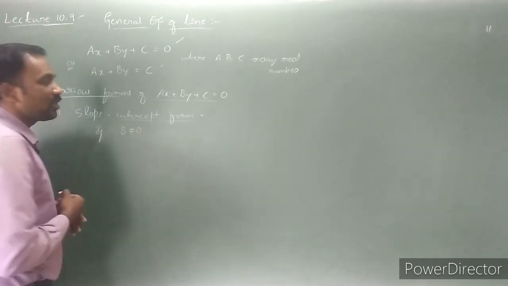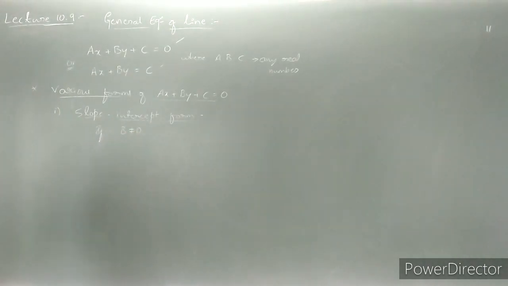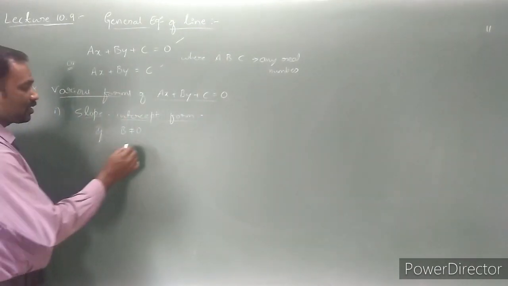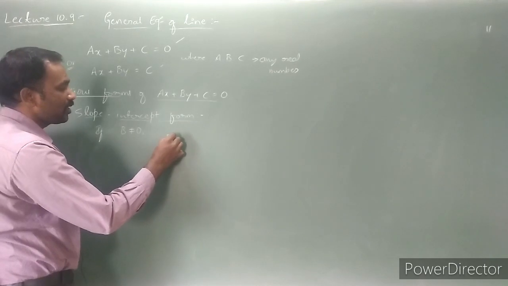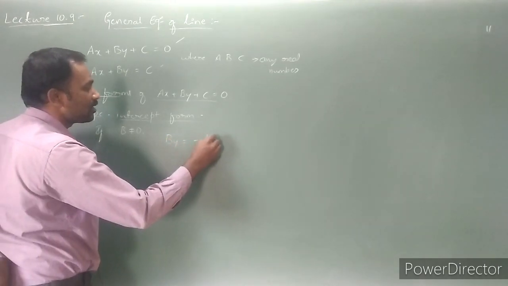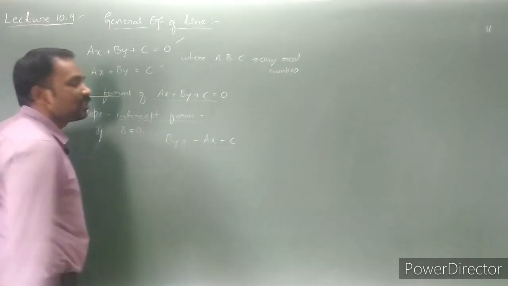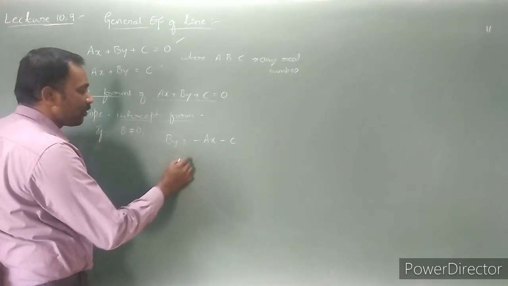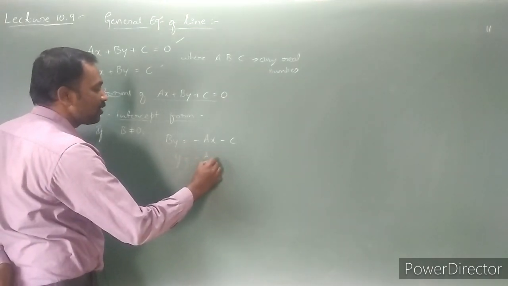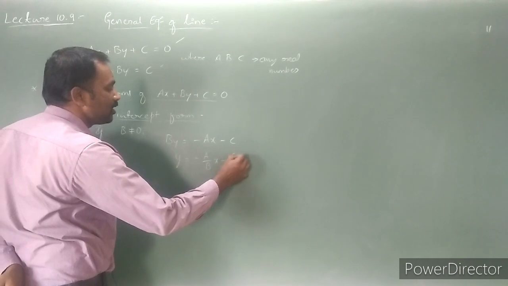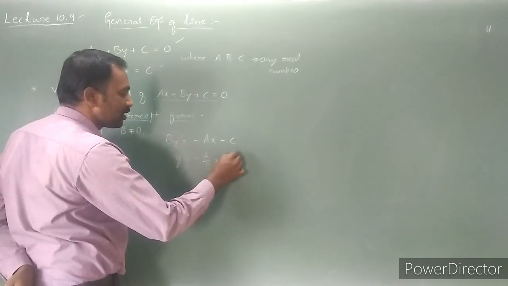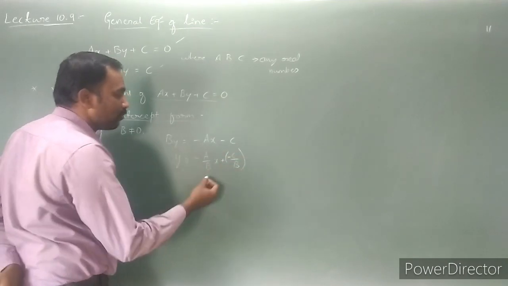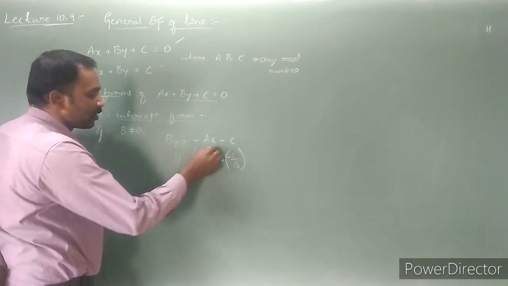If B is non-zero, we can write By = -Ax - C. Now y = -(A/B)x - C/B.